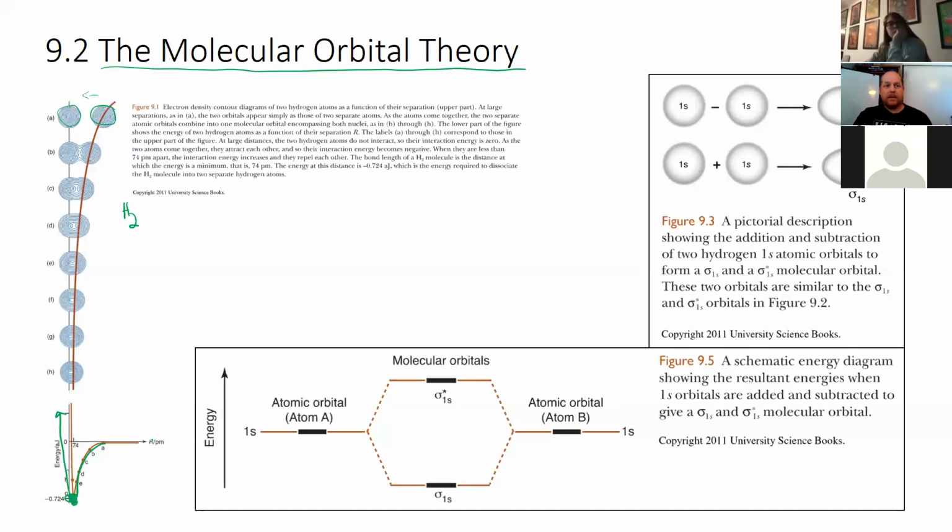So whatever that distance is between the two atoms, in this case it's like 74 picometers, okay? And that's going to be defining our bond length. You can model these things doing some calculations and find that minimum energy, and it agrees well with experiments. So this is for a hydrogen molecule.